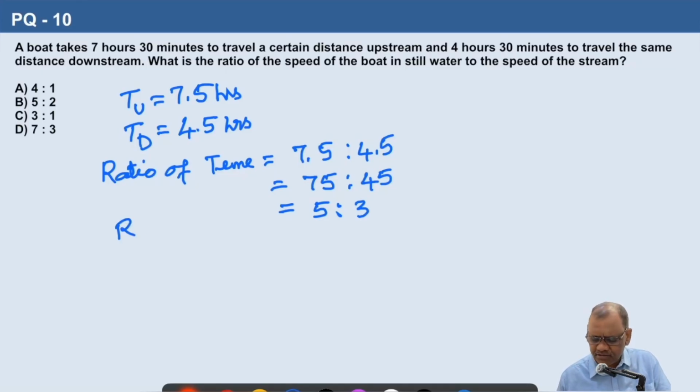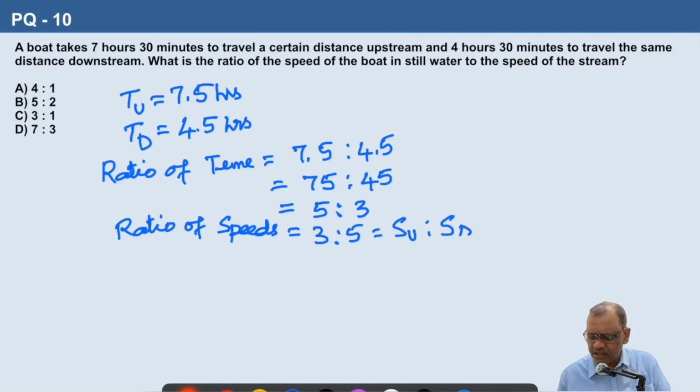Now the ratio of speeds is the inverse ratio, 3 is to 5. So 3 parts is the speed upstream and 5 parts is the speed downstream.